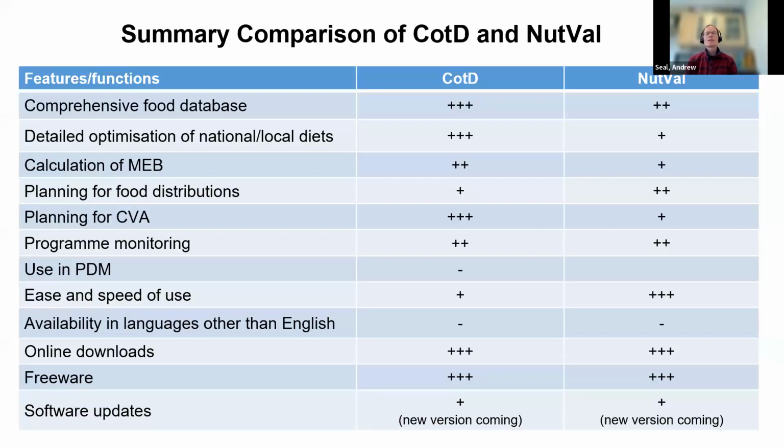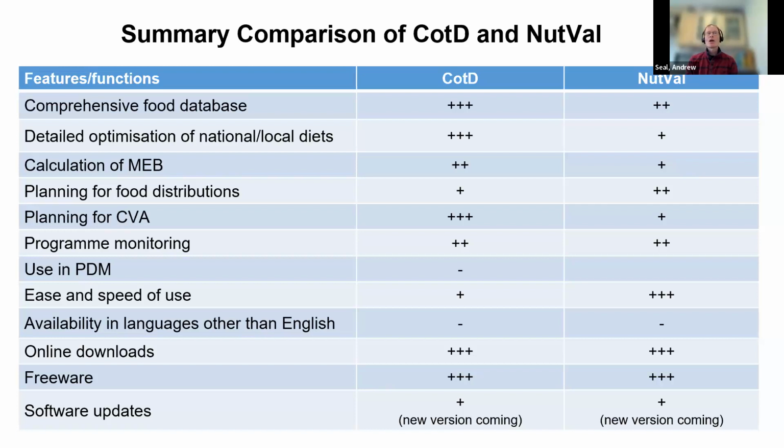So finally, just a brief side-by-side comparison of those two software tools. The food database is definitely more comprehensive in cost of the diet. And cost of the diet also allows mathematical optimization of national and local diets, which isn't really available in NUTVAL at the moment.